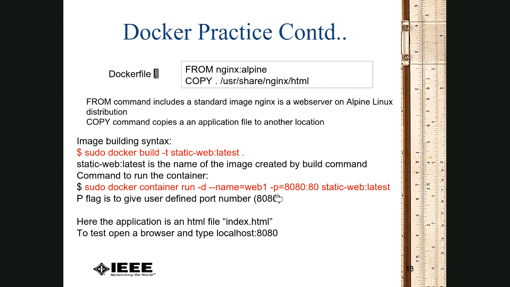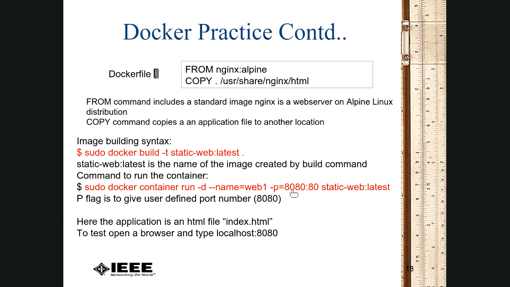So when we say -p 8080:80, it means you are using your user-defined port number, and that is mapped to the standard port number 80. The right-hand side must be 80 for all web applications. The left-hand side could be 8080, 8081, 82, whatever, it doesn't matter.